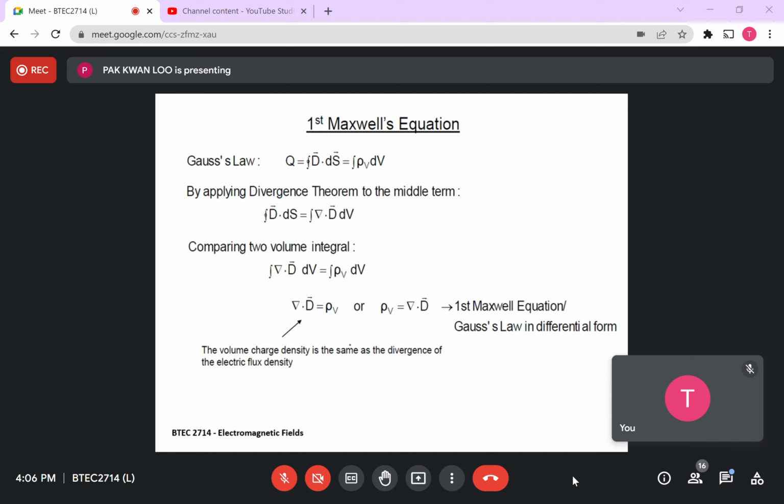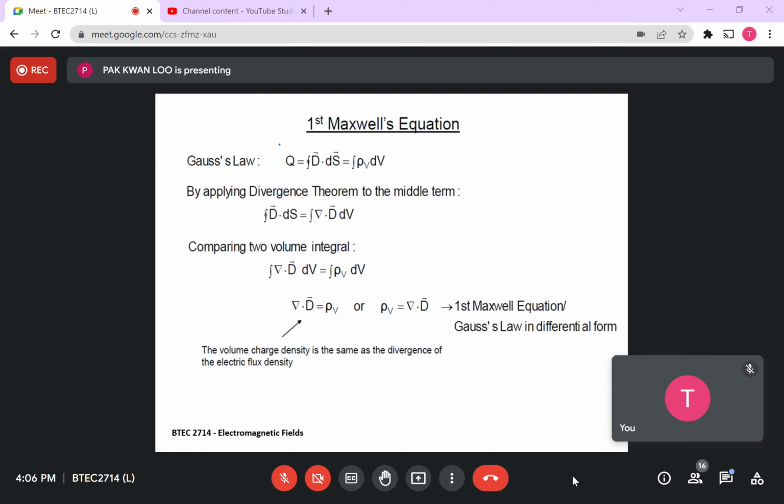This is the point form of Gauss law. Sometimes it is called the differential form, and it is one of the Maxwell equations. The volume charge density rho v is equal to the divergence of the electric flux. This is called the Maxwell equation in point form.